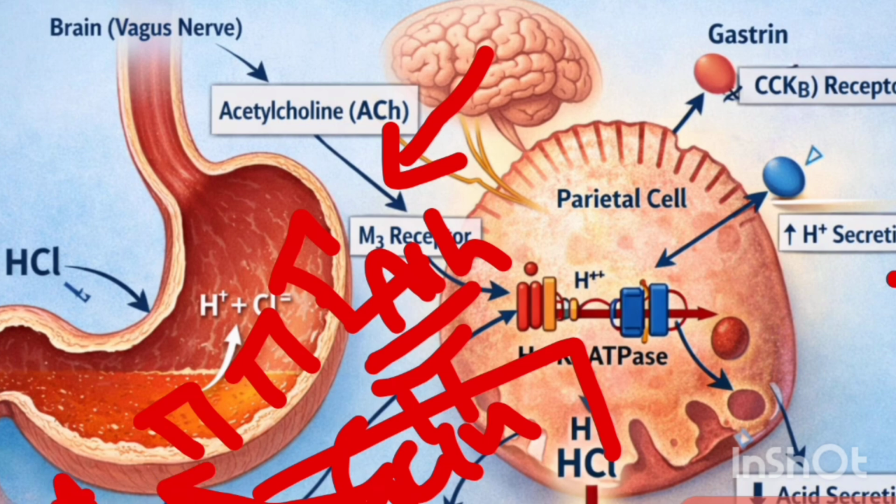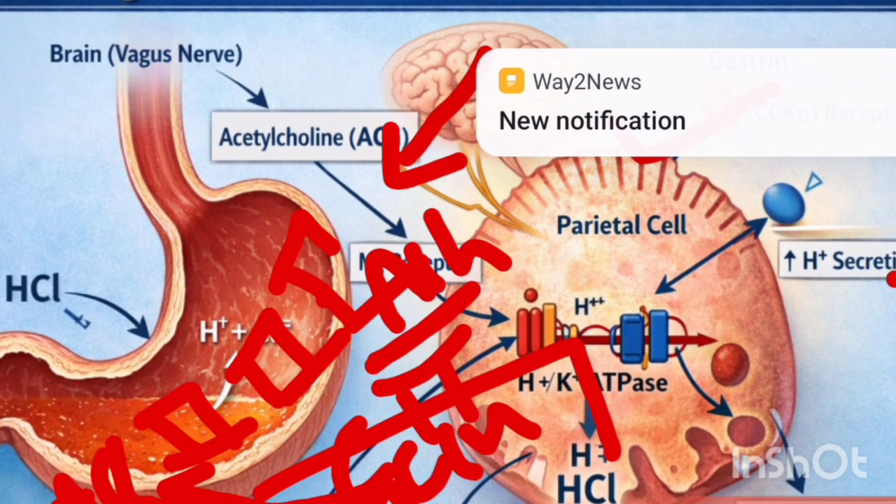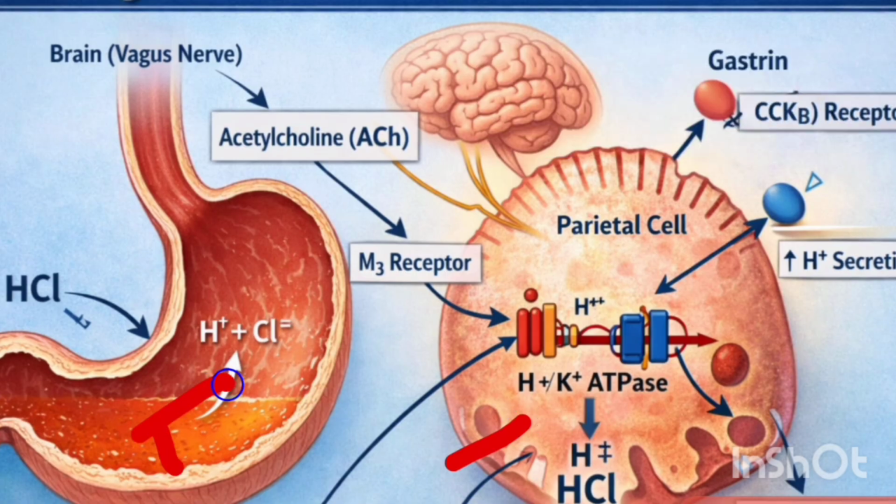Okay, so then this acetylcholine will act directly on the parietal cells, and will act indirectly by acting on gastrin and enterochromaffin cells. Okay, so this acetylcholine will act on three different types of cells. What are those? One is the parietal cell, another one is the G cells, and another one is the EC cells.